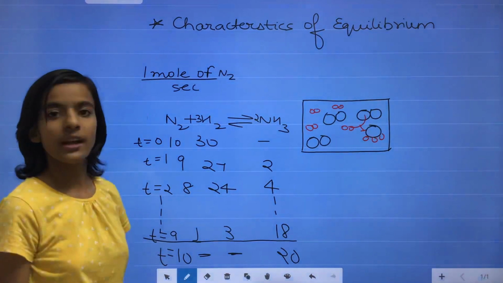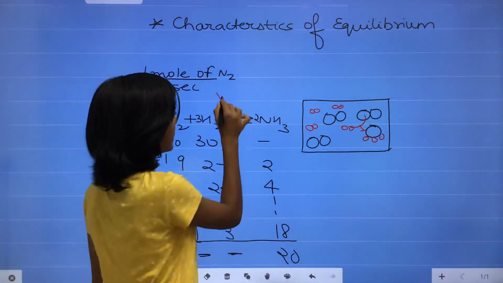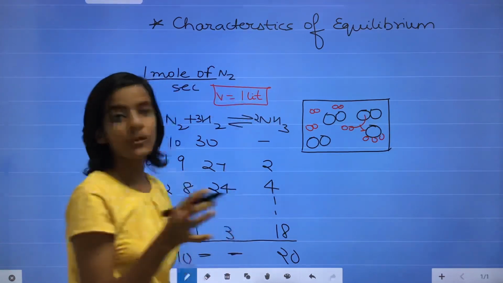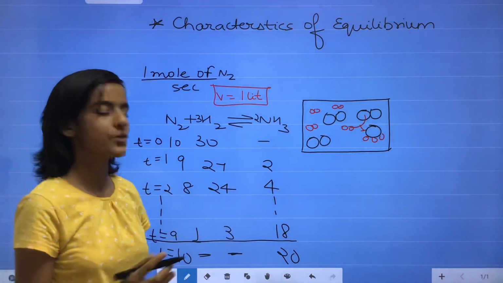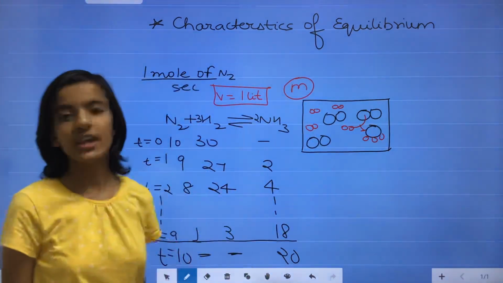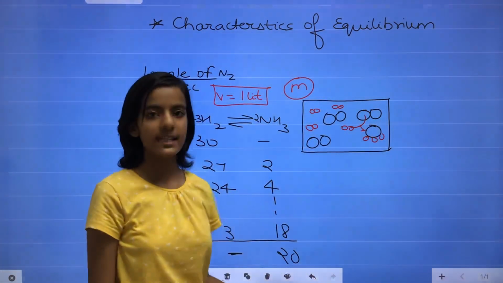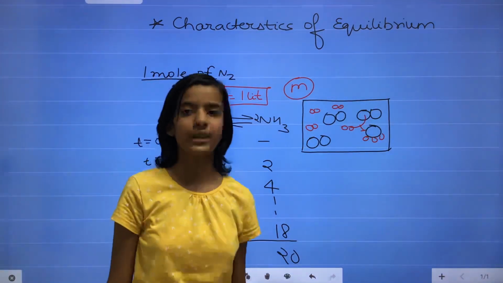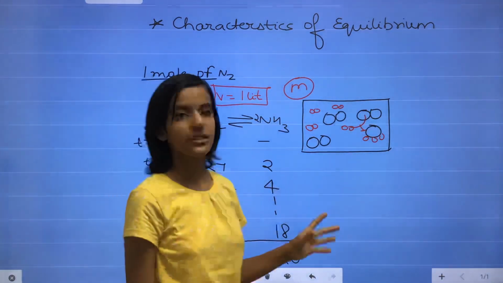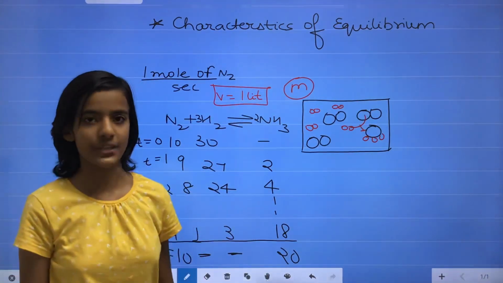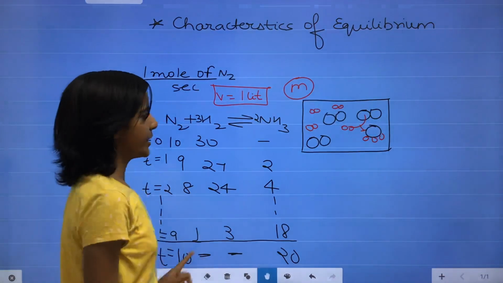Suppose we take the volume as 1 liter, and we all know that the moles present in 1 liter of solution is known as molarity, which is represented by capital M. The concentration of reactant decreases and product increases, and after some time interval we see that the color change seems to have stopped, but the reaction is proceeding in both directions. It means they attain equilibrium.